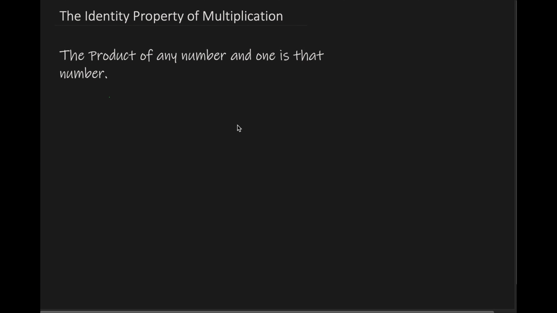So we covered the commutative property. Now let's talk about the identity property of multiplication. What that means is the product of any number and 1 is that number. That doesn't make much sense at all, so let's break this down. Instead of having a variable here and there, we have any number, and that number, so they're referring to the same thing.